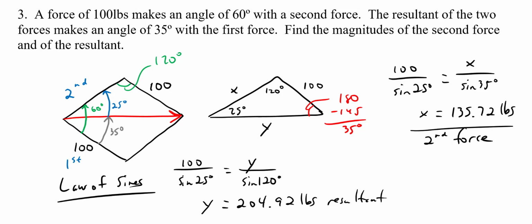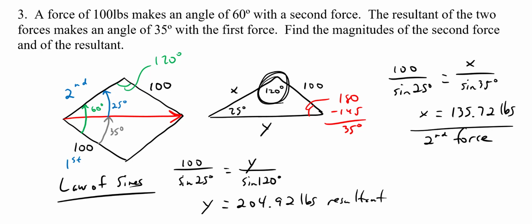I want to make one quick point though, math fans. I use law of sines, and I have the largest angle here. If you remember back in the day, I said you cannot use the law of sines with the largest angle. So why am I using law of sines and I have the largest angle? Hopefully you're going to tell me, well, Mr. Curtis, you have the largest angle. That's perfect. You can use law of sines when you have the largest angle.